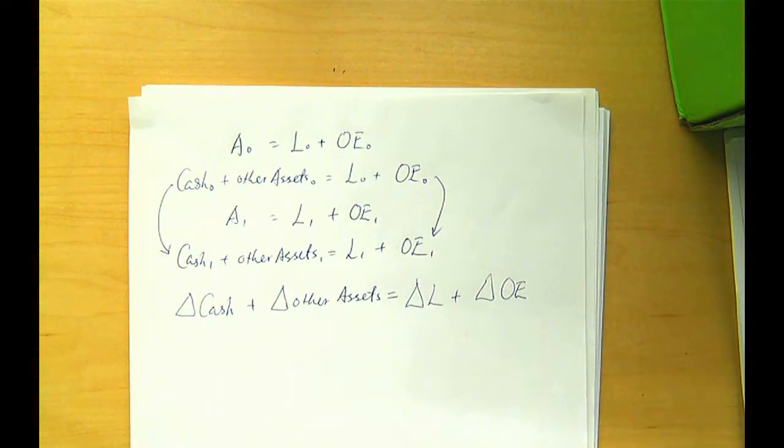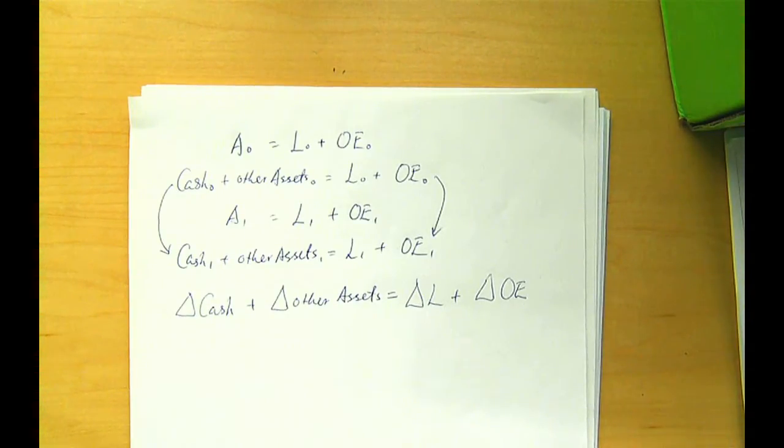So cash is what we want to find out the changes, okay? So when we look at the changes in other assets, we don't need this now. When we look at changes in other assets, so this one is related to operating activities, right?